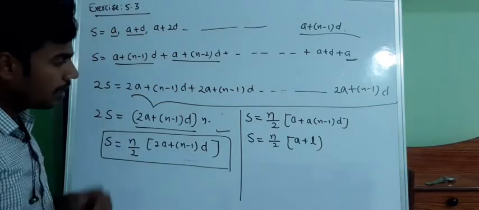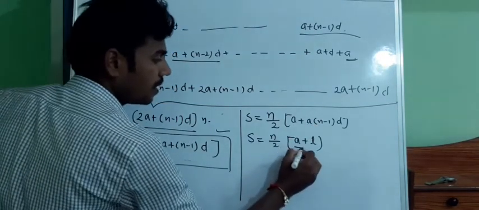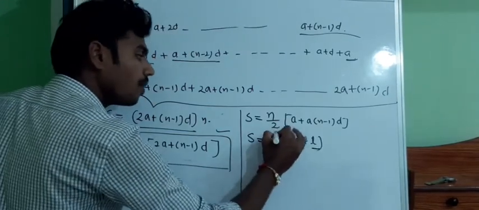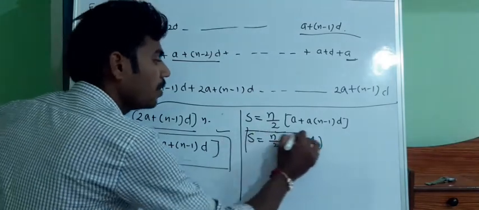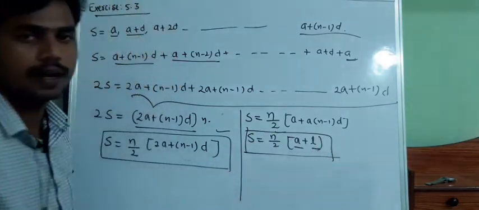Whenever in a series you know the first term and the last term, and you know the number of terms involved, you can directly use this formula and calculate the sum.